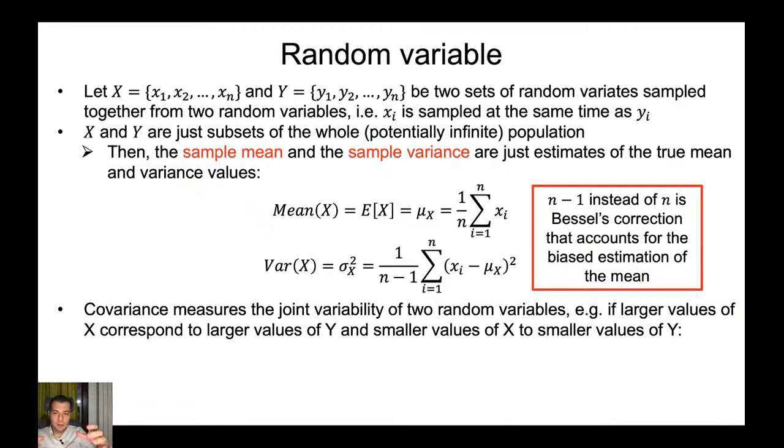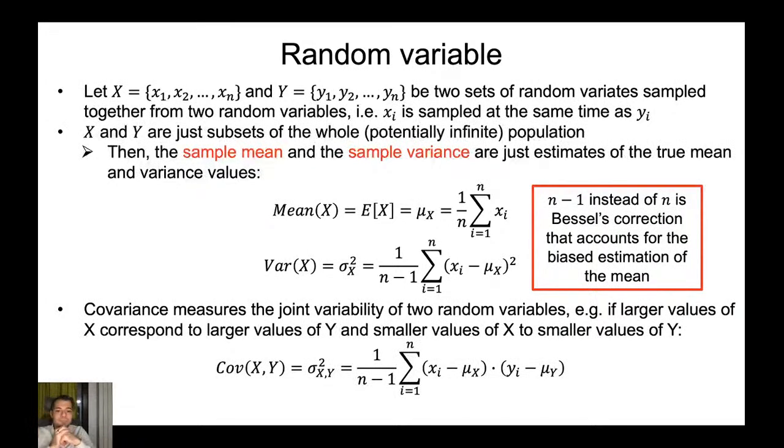So if these are correlated, then we have higher covariance, and vice versa.